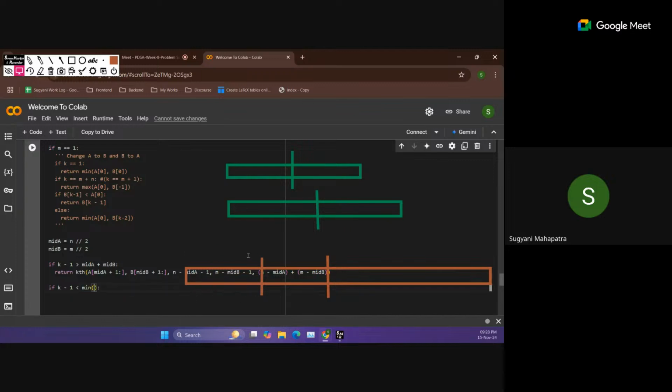Mid of B minus mid of A will give me this part. What we want is it should be less than mid of A and mid of B.